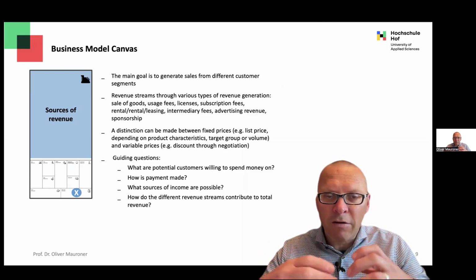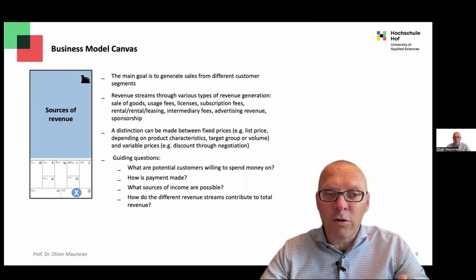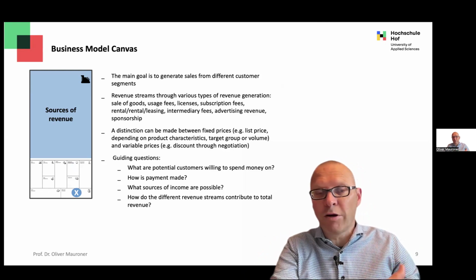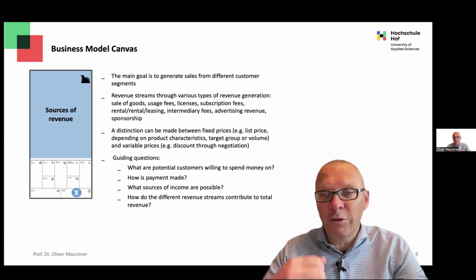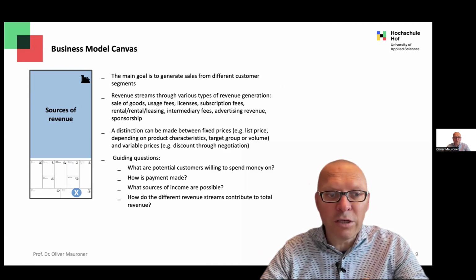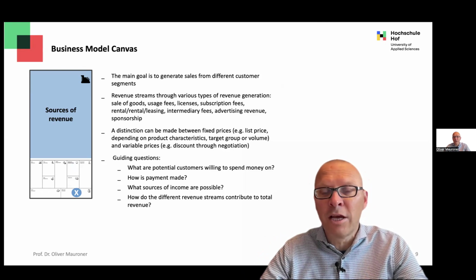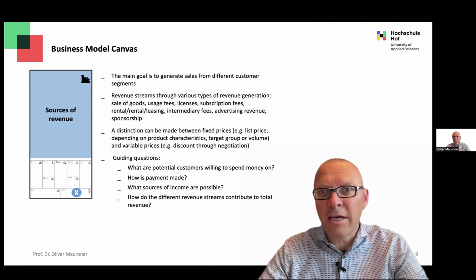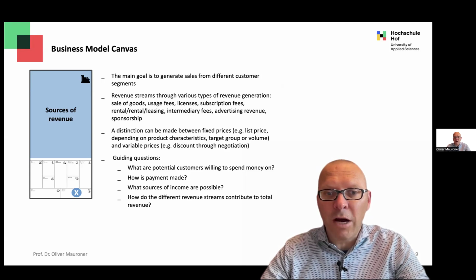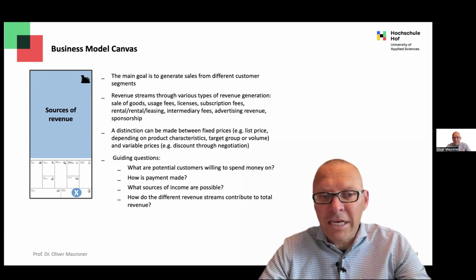Common models of generating income include, of course, direct sales, so product versus cash, from different customer segments, but also it can be a usage fee, subscriptions, licensing models, intermediary fees, or advertising, or even the leverage of customer data. So understanding revenue streams and the various possibilities to generate income, of course, helps to optimize the profitability of a firm.